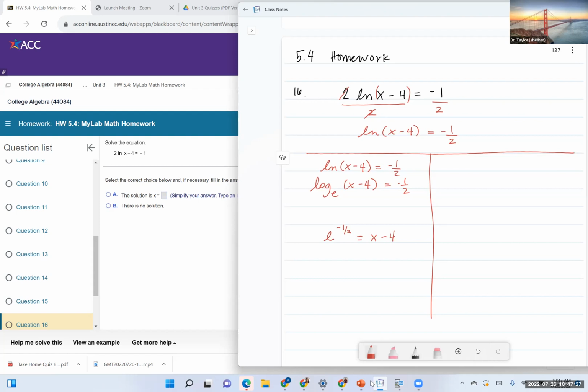The other strategy, rather, is to say the inverse of ln is e, so exponentiate both sides. These cancel, and you have x minus 4 equals e to the -1/2. Again, it's really just up to you which one of these makes the most sense.